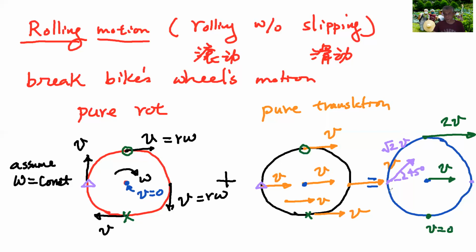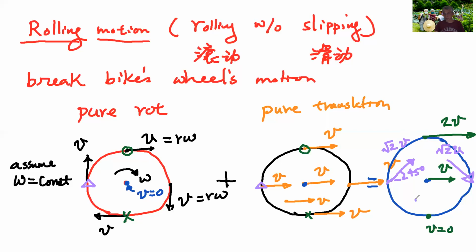And how about that one there? This one is going to the right, and this is going downward. So obviously this one is going to be going this direction. That's square root 2 V also, and that's also 45 degrees. So you can see you can go and do this for every single point.